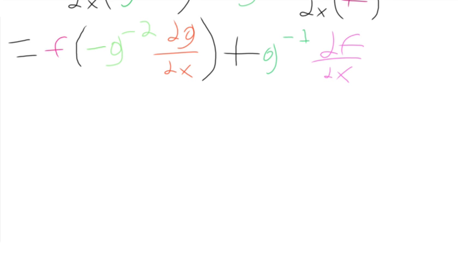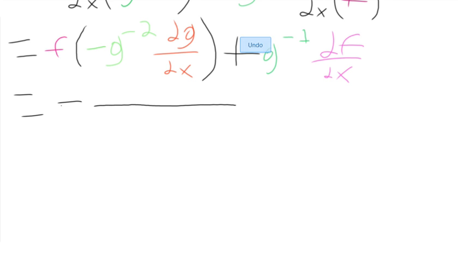So now we just have to organize this and turn this into the quotient rule the way we usually view it. So firstly here we have a negative. So let me put that down in front. And then here we have a g to the negative 2. So we know that we can write this as a fraction with denominator g squared, because g to the negative 2 is like 1 over g squared.